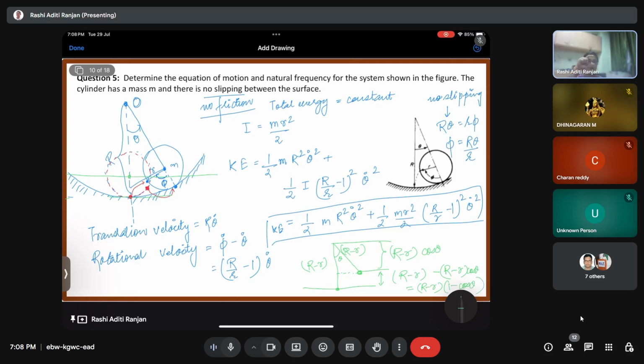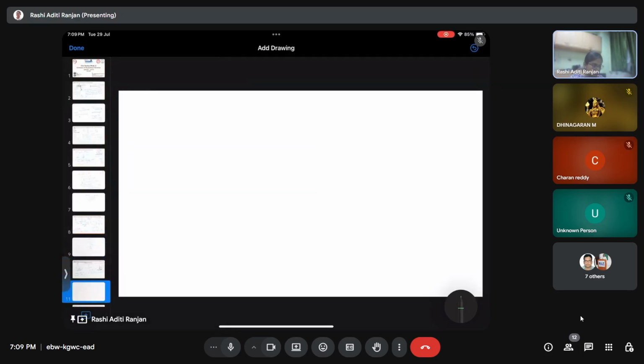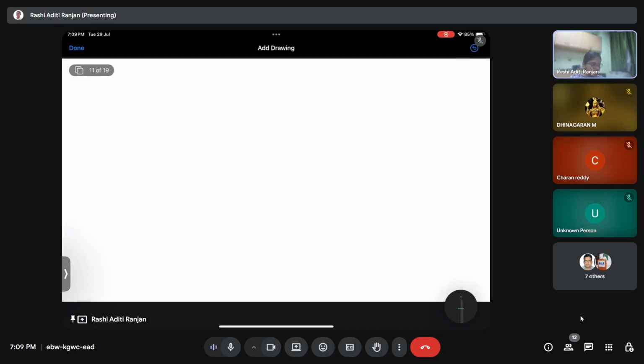Now I know the height, and gravitational potential is mgh, so the potential energy will be capital R minus small r times mg times 1 minus cos theta.